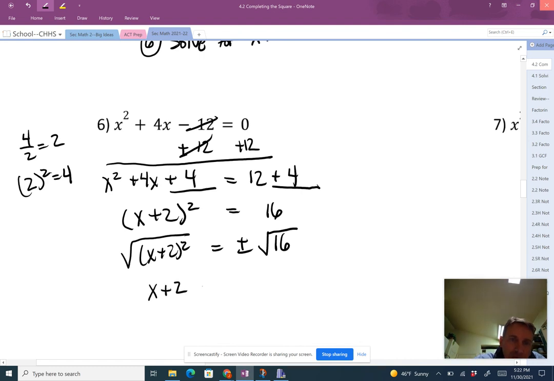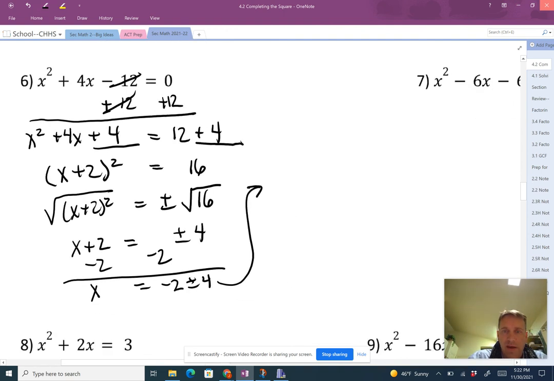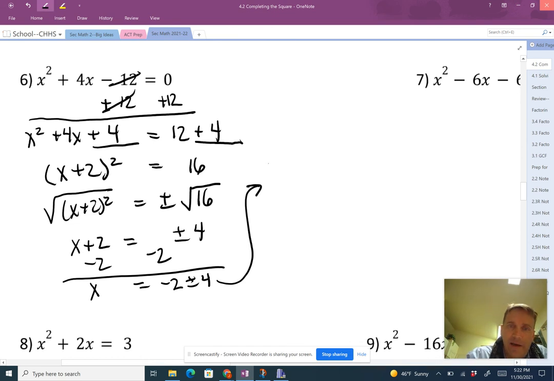So I get x plus 2 is equal to plus or minus 4. And then I subtract 2, and I subtract 2, and x equals negative 2 plus or minus 4. And then I make note that this is minus 2 plus 4, which is 2, and minus 2 minus 4, which is negative 6.